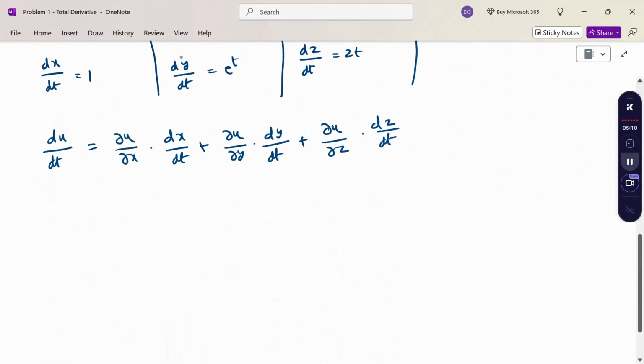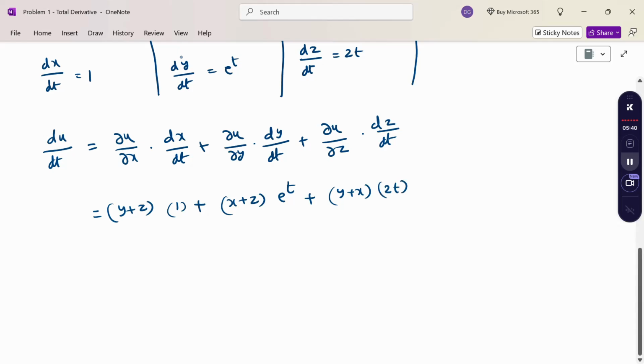Now substitute: y plus z into dx by dt, which is 1, plus x plus z into dy by dt, which is e power t, plus y plus x into dz by dt, which is 2t.